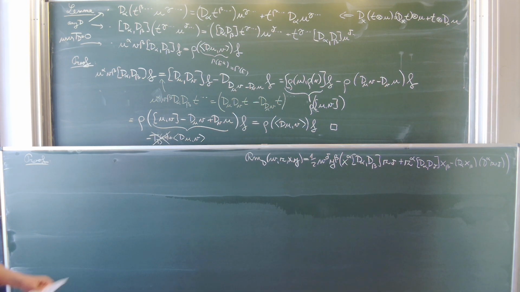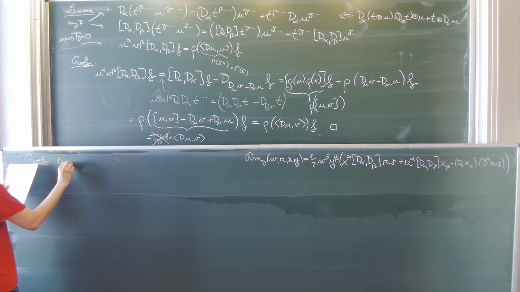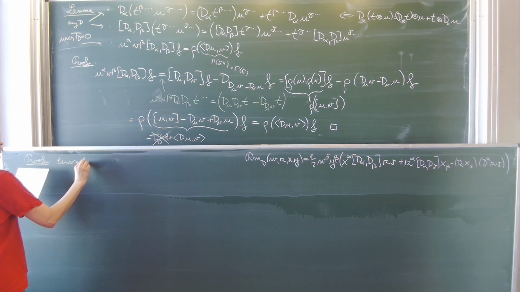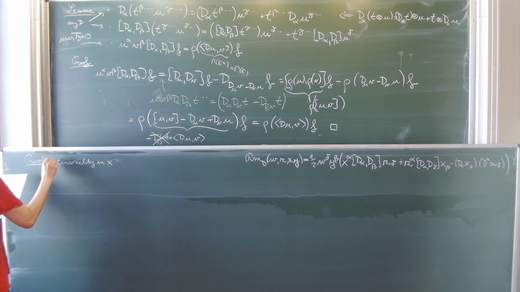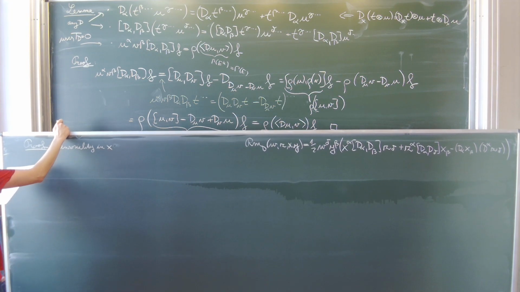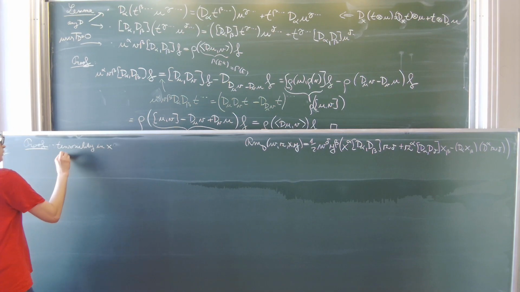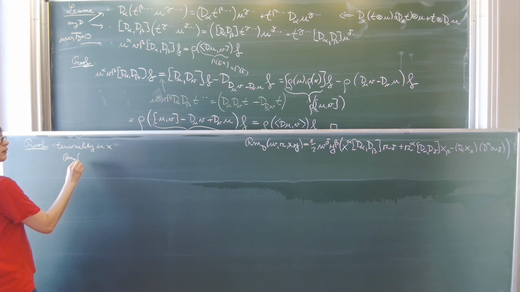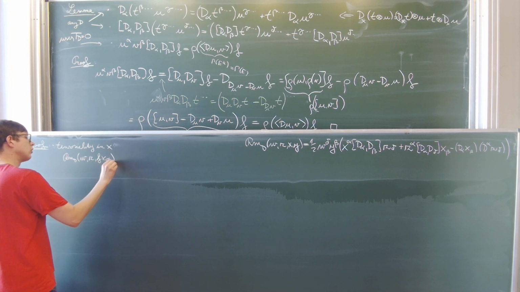Okay, so now, fortunately, the proof is not that bad. First, let's show tensoriality in one of the slots. So tensoriality in X, the first bullet. What does this mean? Riemann of d, w, z, f x, y minus f.